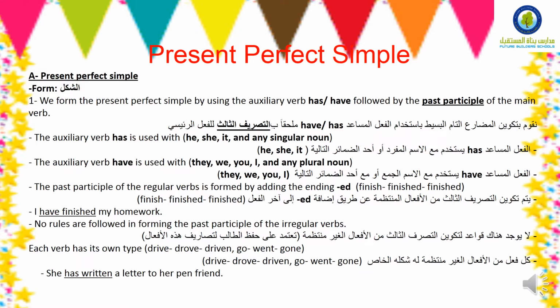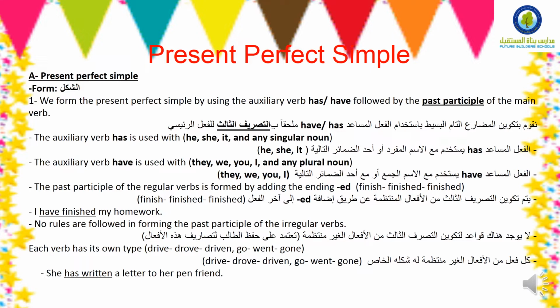So, we form the present perfect simple by using the auxiliary verb has or have followed by the past participle. So, we add the subject, then choose has or have. Of course, has for singular للمفرد and have for plural للجمع, الفعل أو الفاعل الجمع. Then we add the past participle, أو هو التصريف الثالث للفعل وهو verb 3.